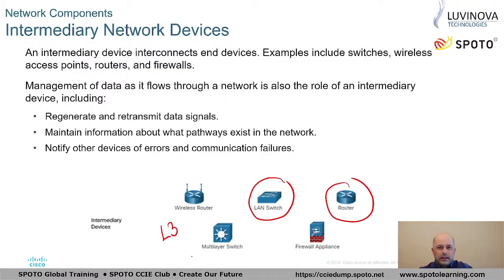We're going to talk about that. This is the key function of the router: what paths exist in the network and which is the best path for the router to forward the packet. They also notify other devices of errors or communication failures.